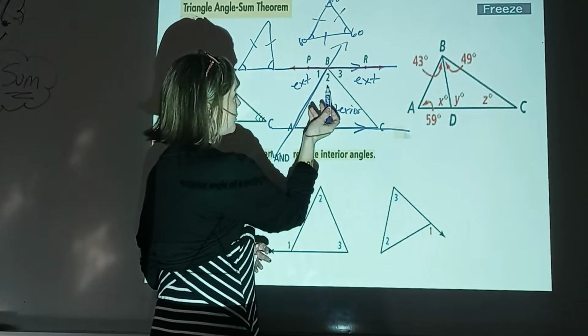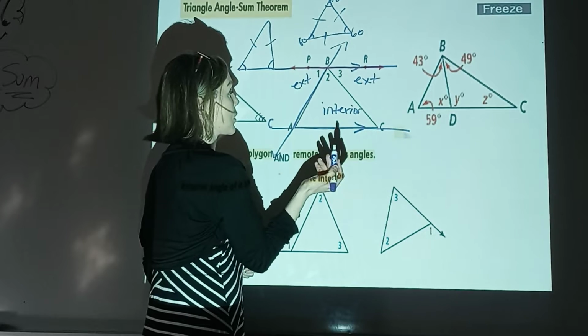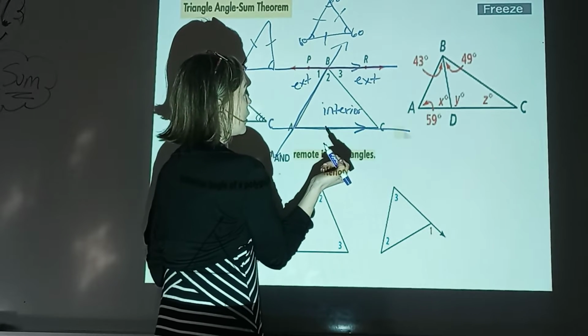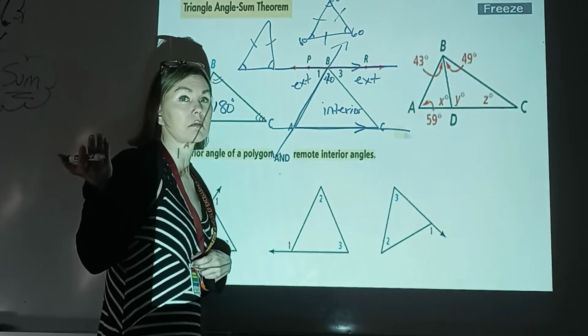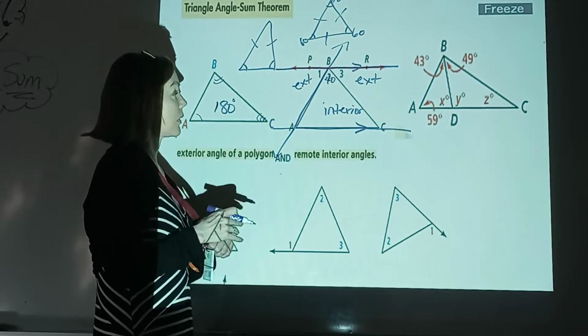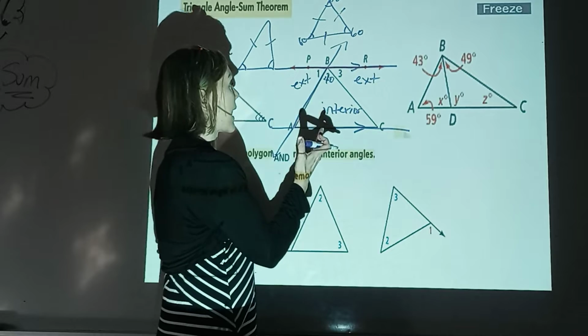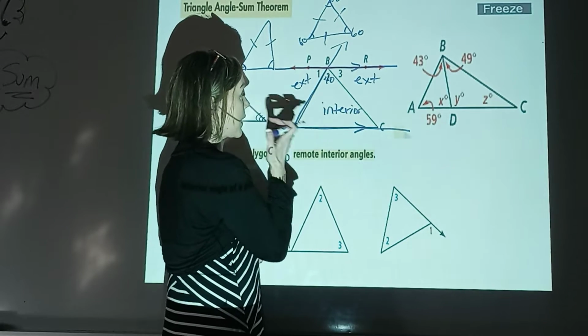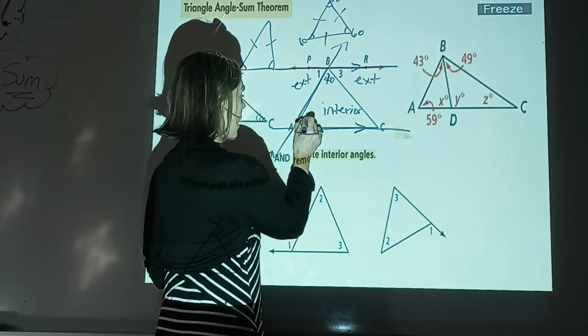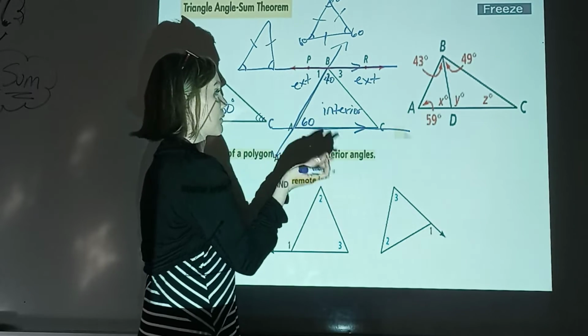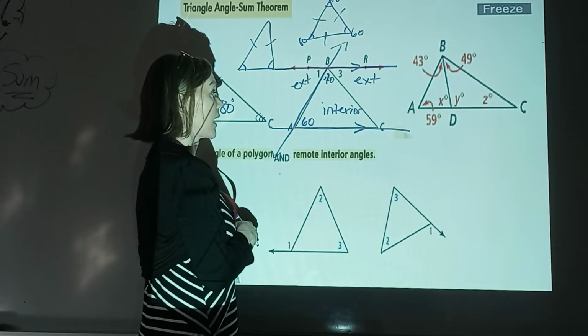And so, supposing if I were to tell you that angle 2 is 40 degrees, okay? If I told you that angle A was 60 degrees, this is just pretend, okay?